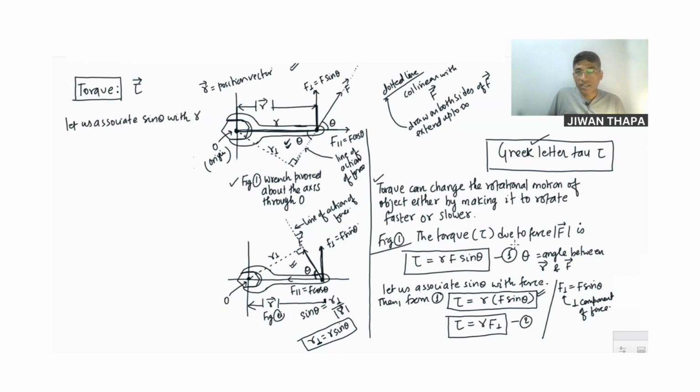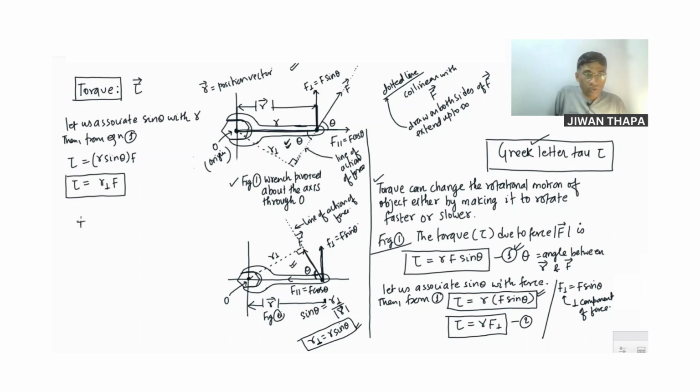Then from equation 1, we can write torque tau equals, keeping r sine theta within the bracket, and we have F. So torque tau equals r perpendicular, since r sine theta is r perpendicular, times F. So we can define torque in two ways.